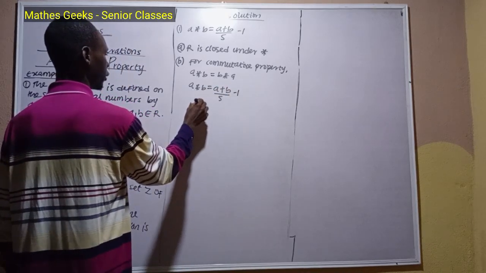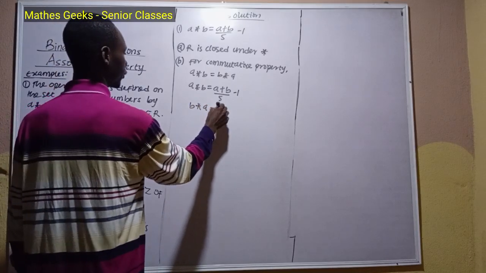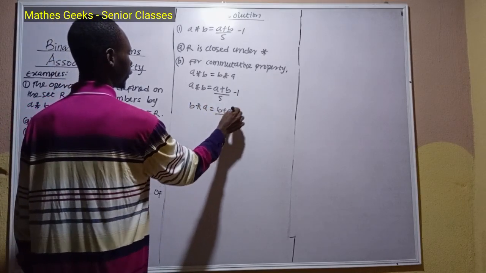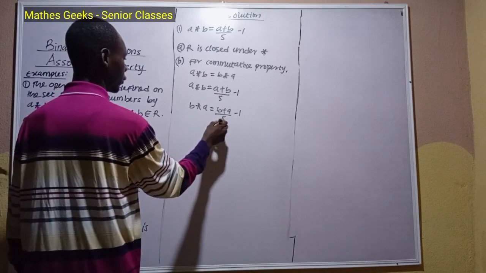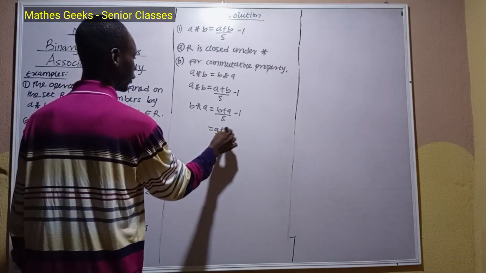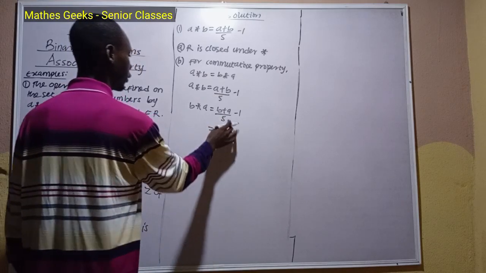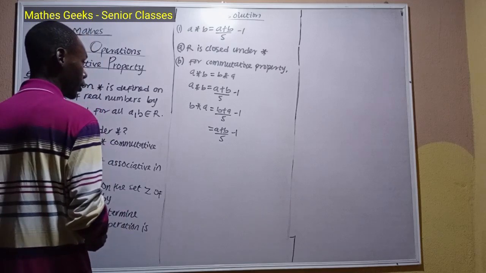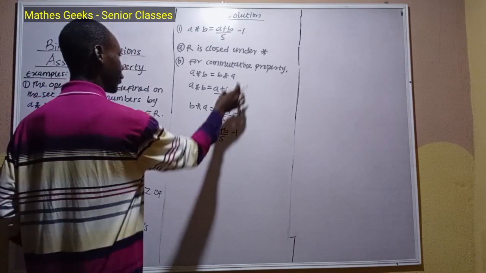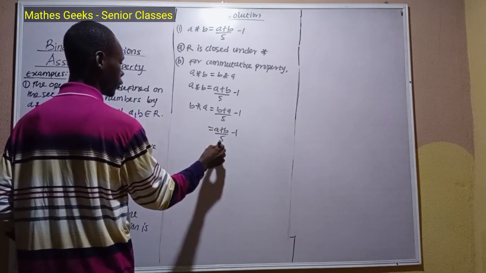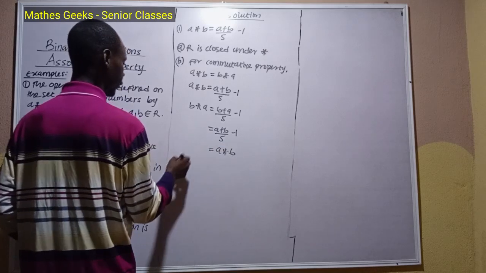B star A is equal to (B plus A) over 5 minus 1, which is also the same as (A plus B) over 5 minus 1 when the letters are arranged alphabetically. So this part is still the same as what you have.